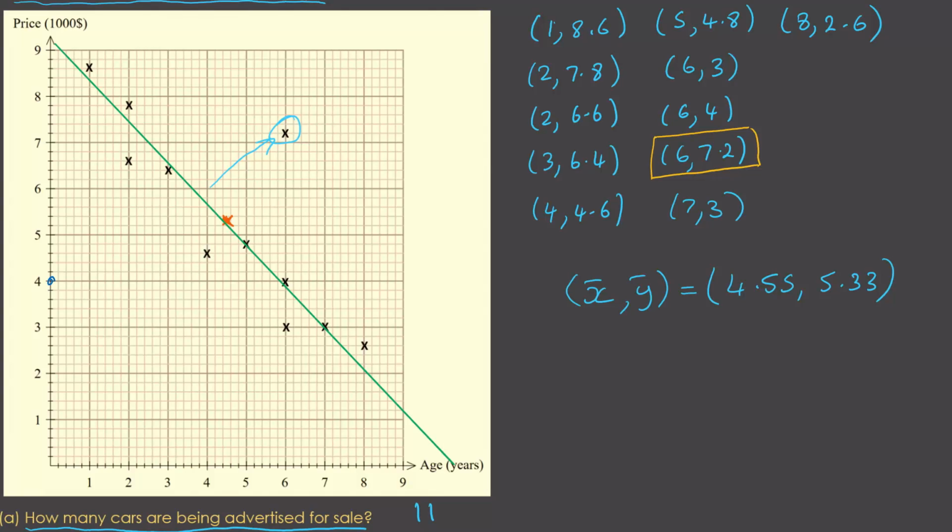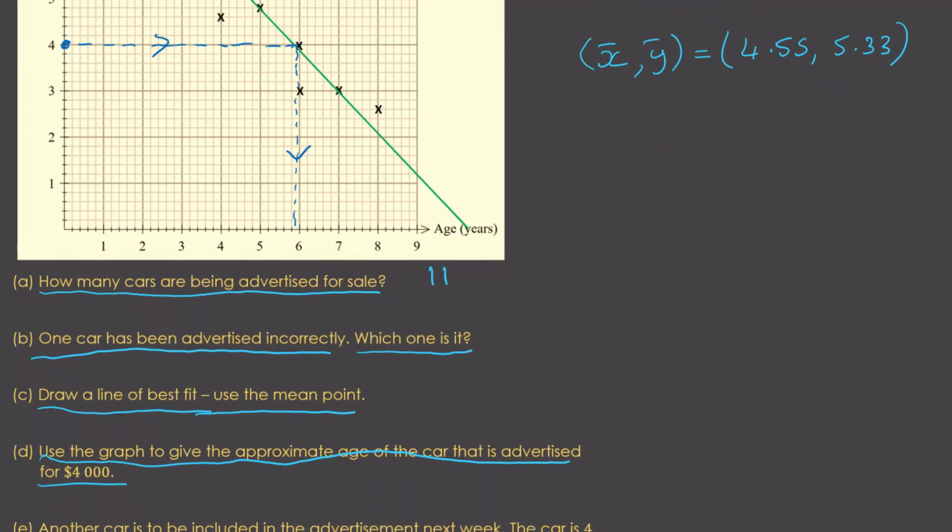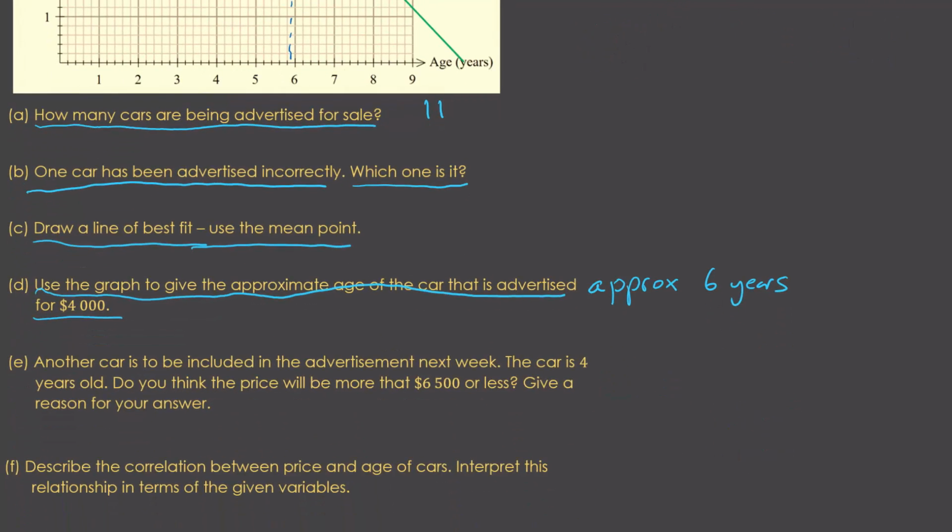We'll go to $4,000 and we will go across to the line of best fit, and then we'll measure downwards, and we can see that that would be around 6 years. So we would say approximately 6 years.